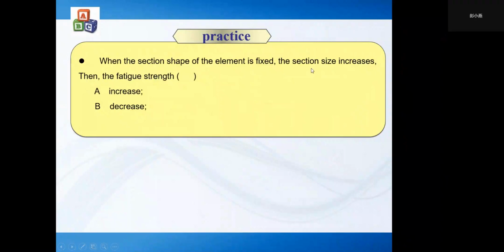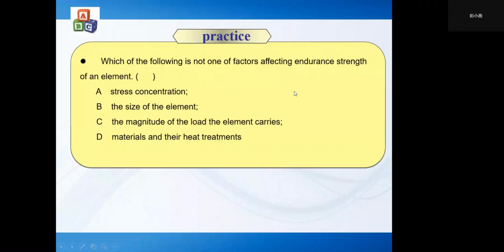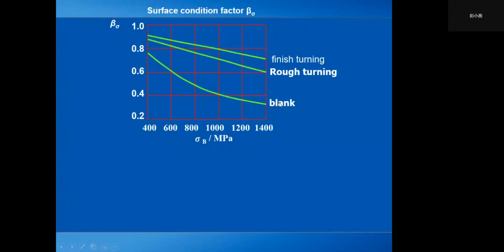With the section size increasing, we have a picture.